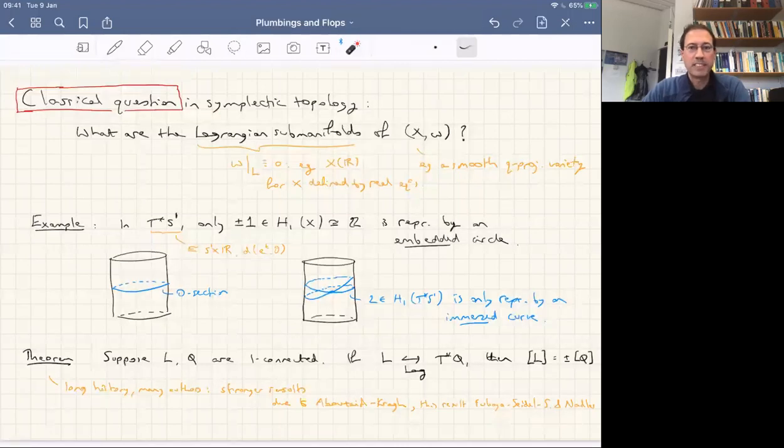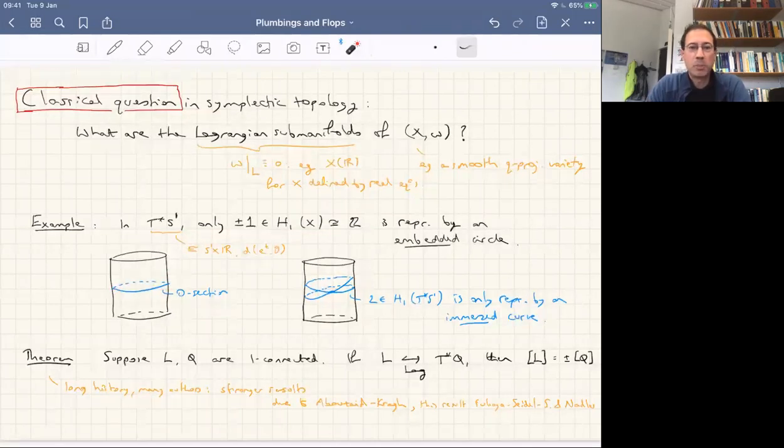The simplest symplectic manifold that's not zero-dimensional and has interesting Lagrangian submanifolds is the cylinder, the cotangent bundle of the circle, which is a trivial bundle, so that's just S1 times R. There's an interesting Lagrangian submanifold, which is the zero section.